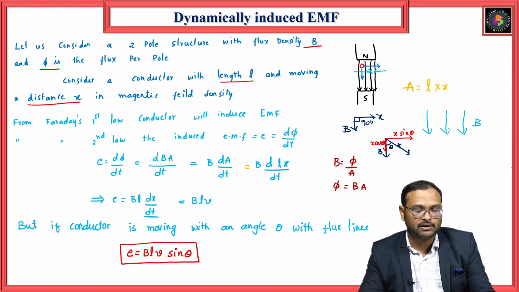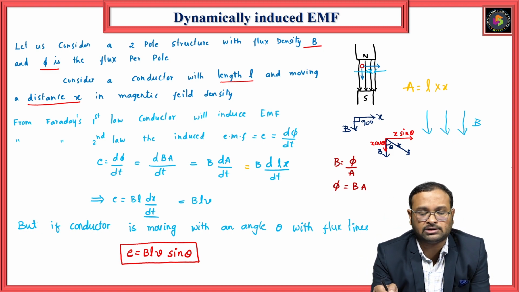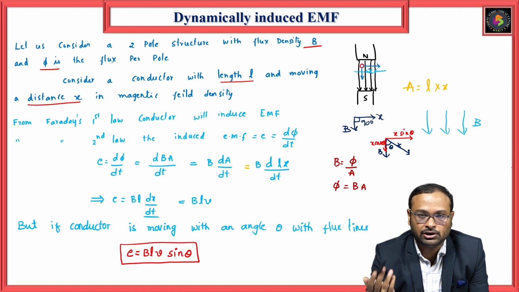Clear? We took a structure which has a north pole and south pole, with flux density B and flux phi. When the conductor moves at exactly 90 degrees, it induces the EMF. At 0 degrees, it does not induce the EMF.